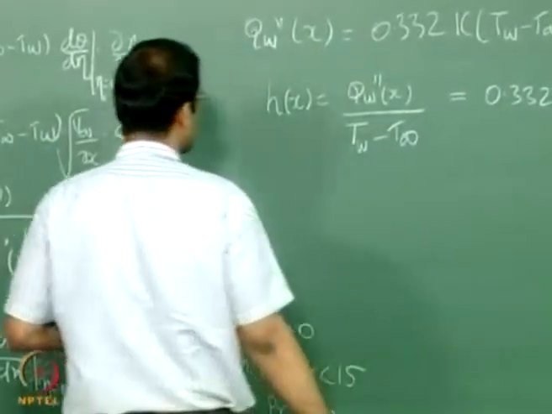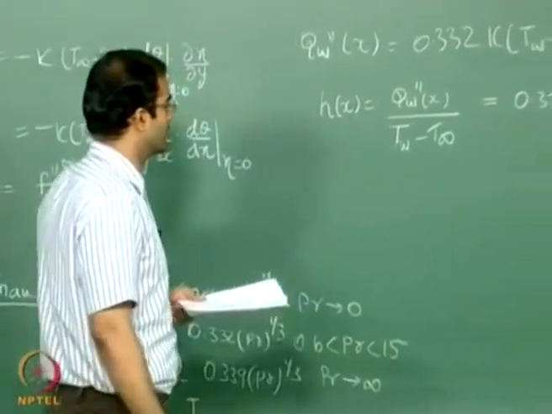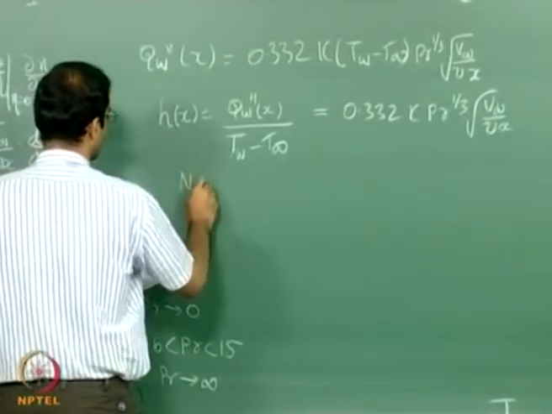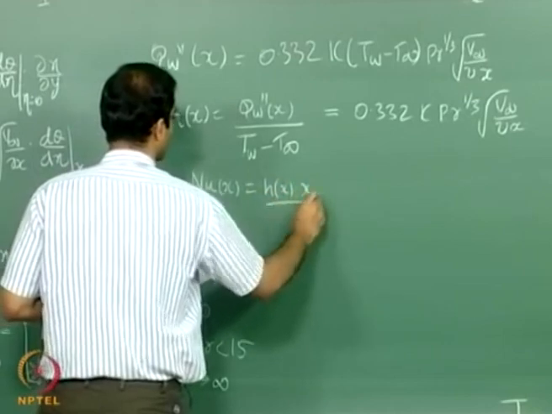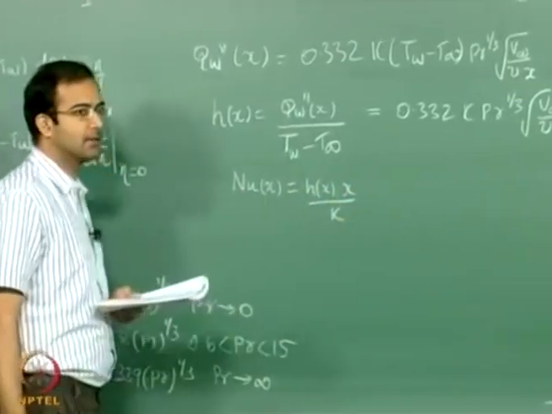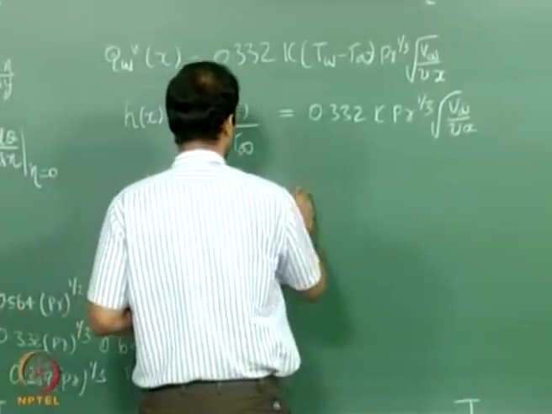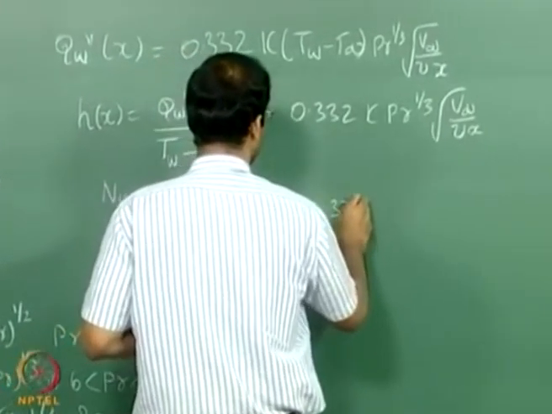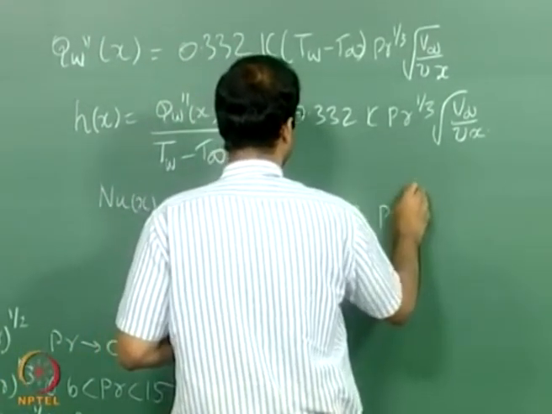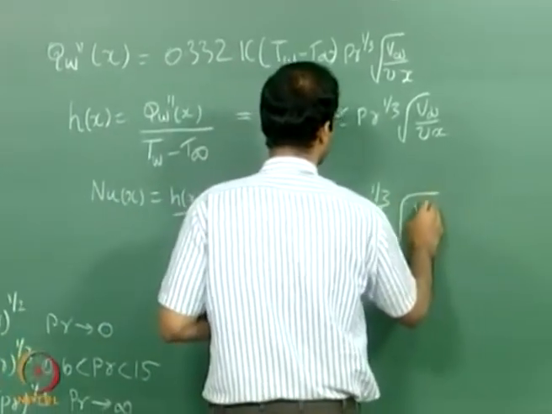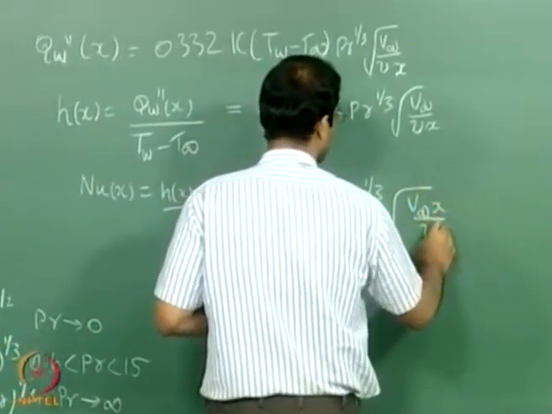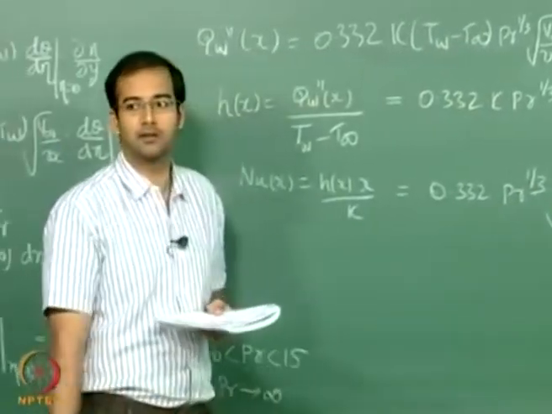Now I will non-dimensionalize the heat transfer coefficient in terms of the local Nusselt number, which is defined this way. So this will be 0.332 Pr power 1/3. I multiply by x here, so I will be getting the square root of u infinity x by nu, right?